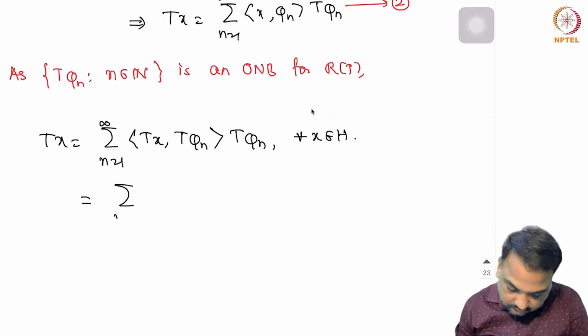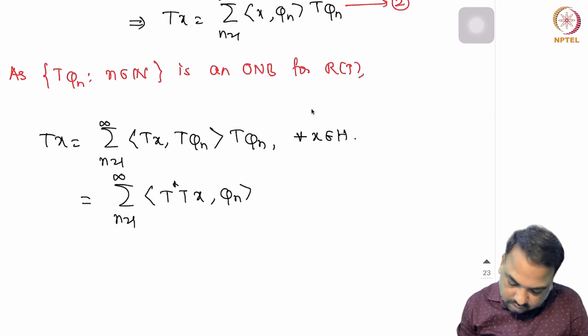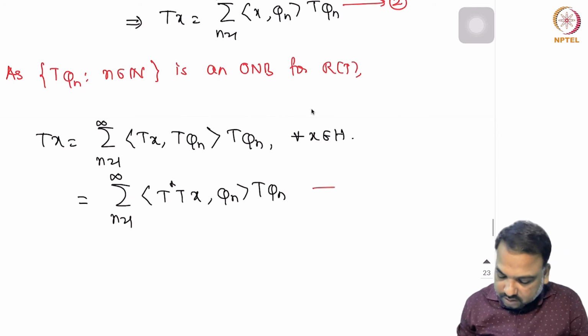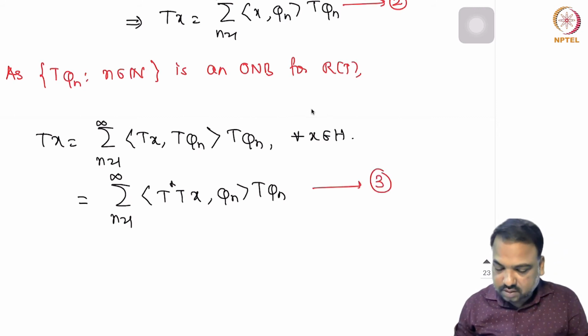So this is summation n equal to 1 to infinity inner product T*Tx with φn multiplied by Tφn, and let us call this equation 3.